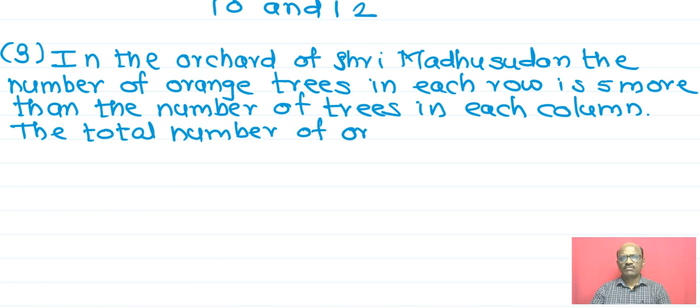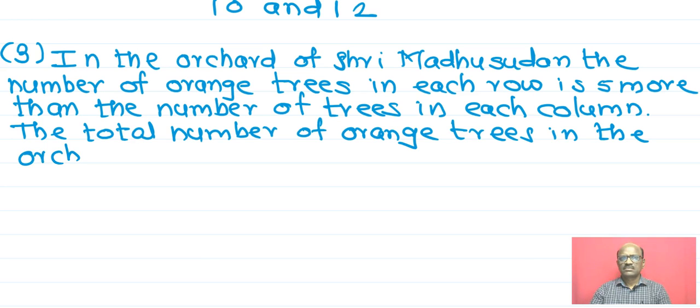The total number of orange trees in the orchard is 150.